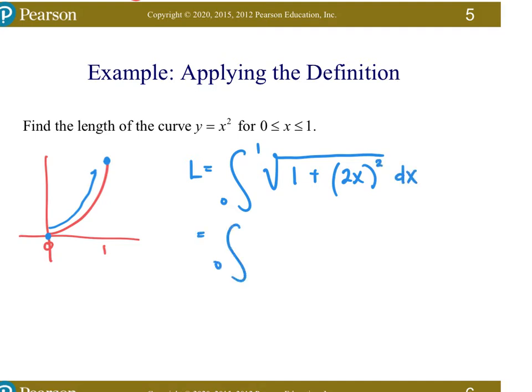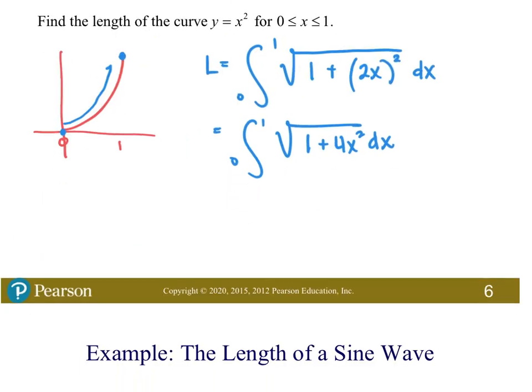In other words, the square root of 1 plus 4x squared dx. Most of these integrals you will not need to do by hand. Once you have the integral set up, you can use the Math 9 feature on your calculator to find the numerical integral. We're just going to practice the setup today, but you would not necessarily need to solve this by hand.